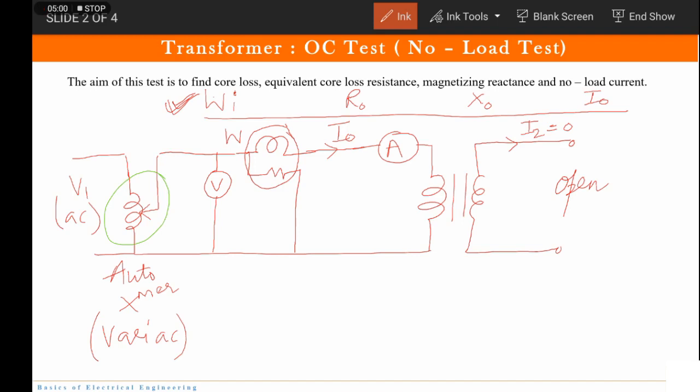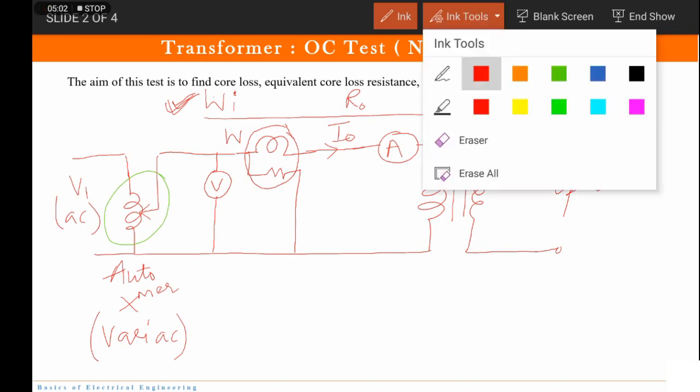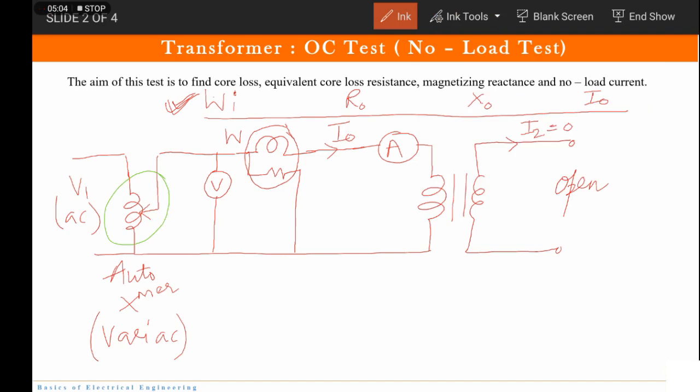Now another important point which you should remember is that this side is called the LV side, that is low voltage side, and the secondary side is called the high voltage side, for the simple reason that the secondary is open circuited, so it is assumed to have a very high voltage. So the secondary side is the high voltage side and the primary side is the low voltage side.